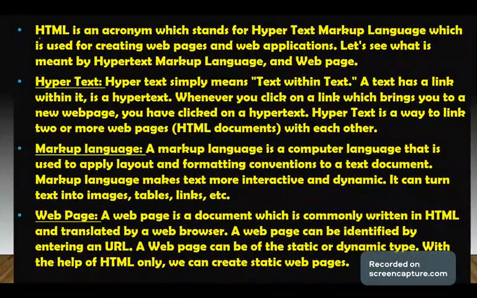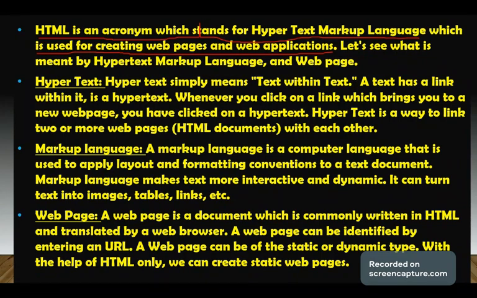So the answer for this is HTML is the acronym which stands for Hypertext Markup Language. Just now we saw in the second slide. Now, it is used for creating web pages and web applications. What do you mean by the web page?